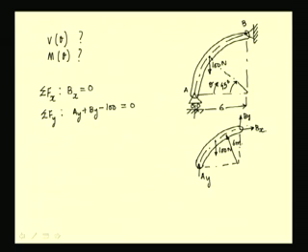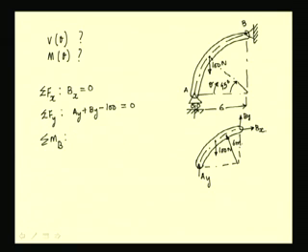Let us take a moment equation, and it is convenient to take the equation about B. Then we will be able to find this reaction AY, and equate it to 0.